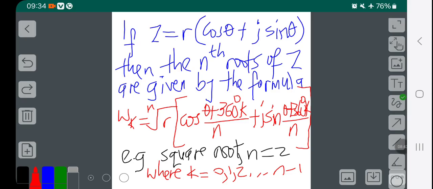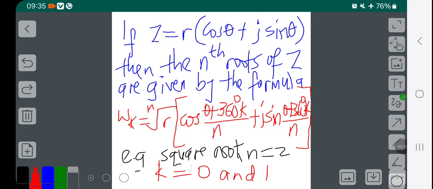For this example, if they're asking for a square root, you pick your first 2 numbers. Since our n is 2, you must have 2 terms for our k. So our k will be equal to 0 and 1. That is it. We are done. So for the square root, we need to find where k is equal to 0, then where k is equal to 1.